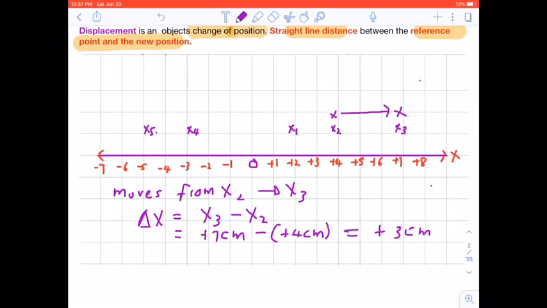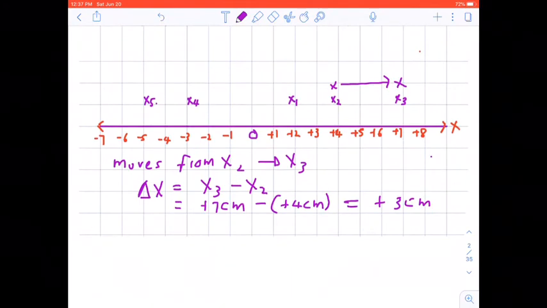That's plus 3 centimeters. Right. Now, if we look at it moving from x3 back to x2, so this time it starts at x3 and then it's moving back to x2. So what would our change in x be? Change in x is actually our displacement, is it not?